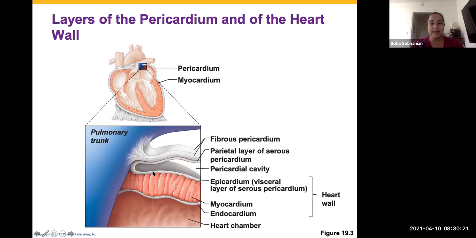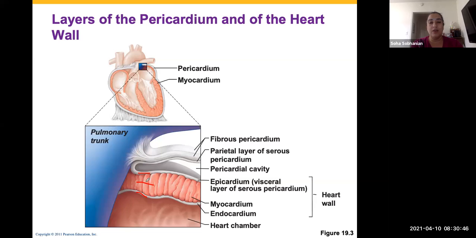And then this layer right here, let me just do some coloring of this. This is one layer, this is another layer, this is another layer. So 1, 2, 3, these are the layers of the heart itself. The first one is the epicardium or visceral layer of the pericardium.